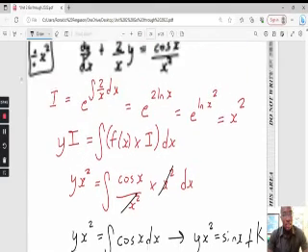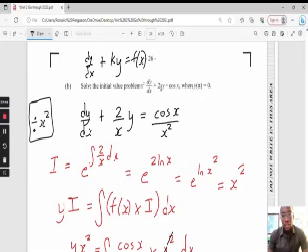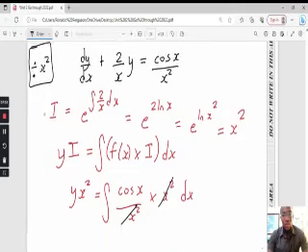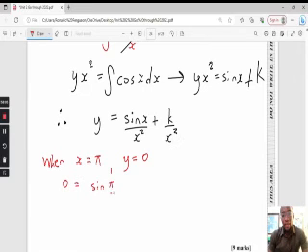But you need to find what k is. They gave us the initial value that when x is pi, the y value is 0. So when x equals pi, we know y is 0. That means 0 is equal to sine pi over pi squared plus k over pi squared.